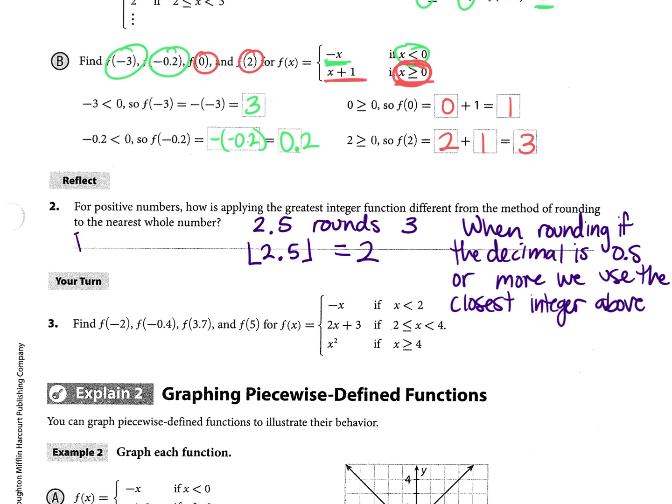With the floor function, they round down, even with 0.5 or above. Like 2.9 would still go down to 2.